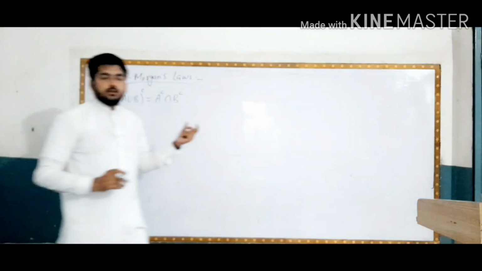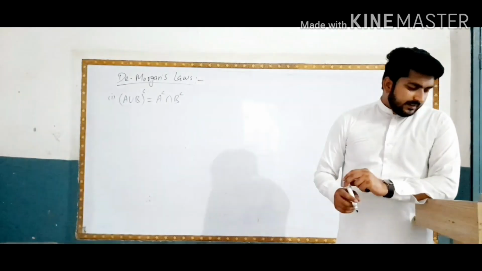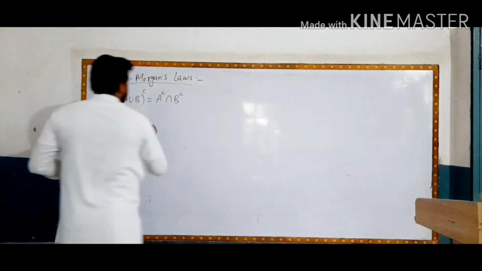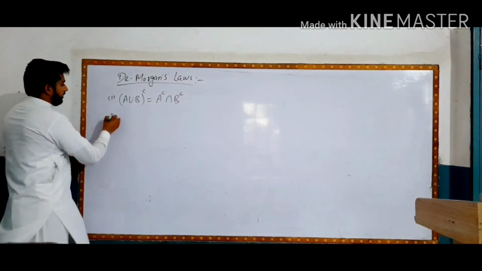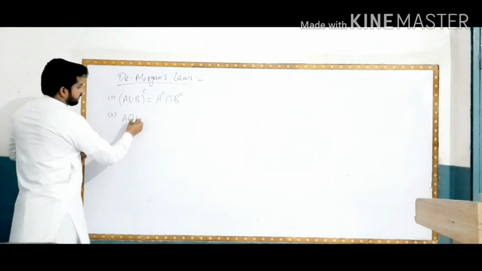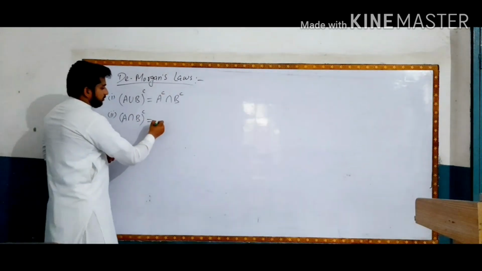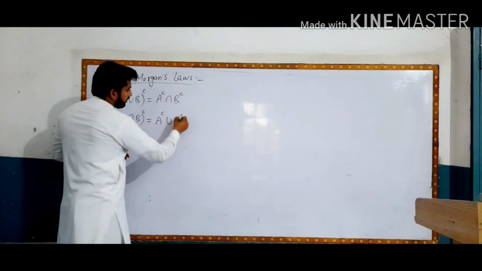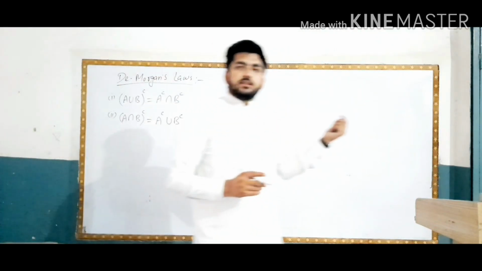So this is the first law of De Morgan's law. The second law is that the complement of A intersection B is equal to A complement union B complement. So these are De Morgan's laws.